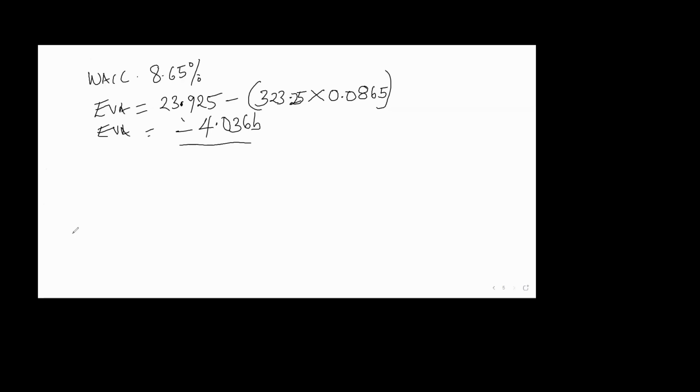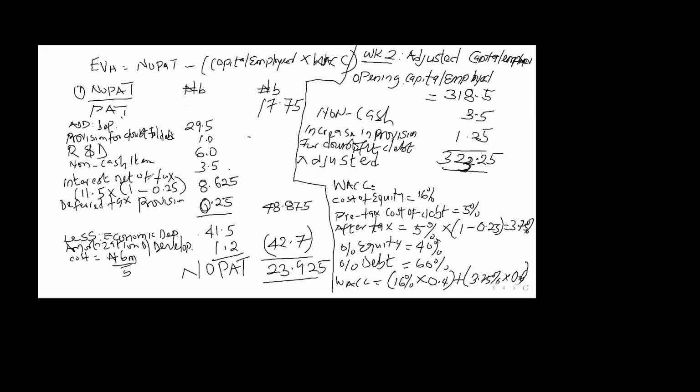The provision for doubtful debt under the capital employed, I don't understand how you got it. Okay, let's look at it. Doubtful debt, this 1 million. Is that what you are referring to? 1.25 is the one she's talking about.